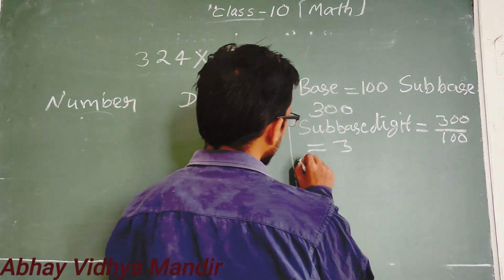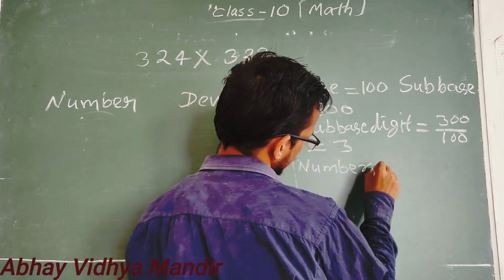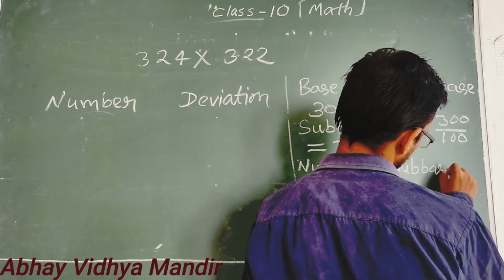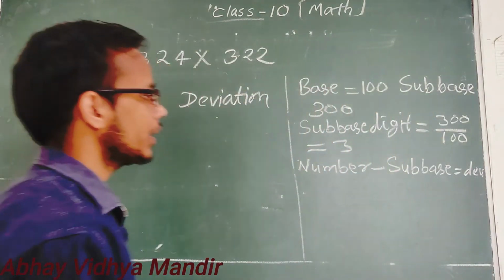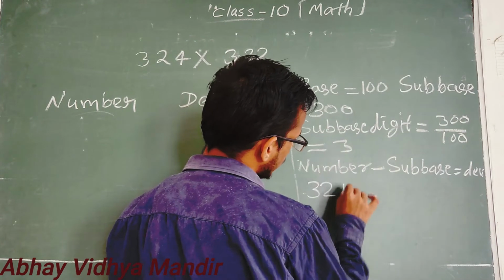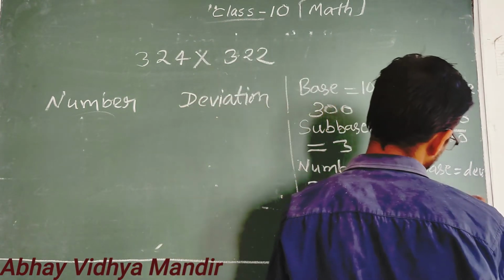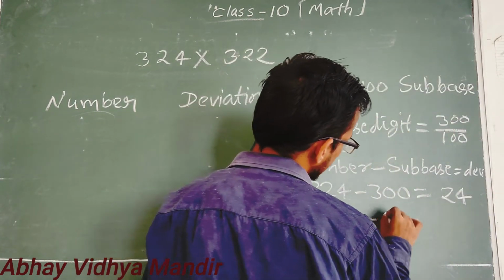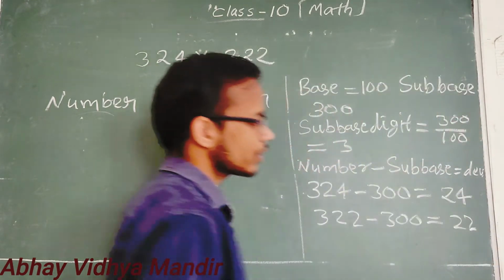Okay. Now number minus sub base equals deviation. Number is 324, so 324 minus 300 equals 24, and 322 minus 300 equals 22.